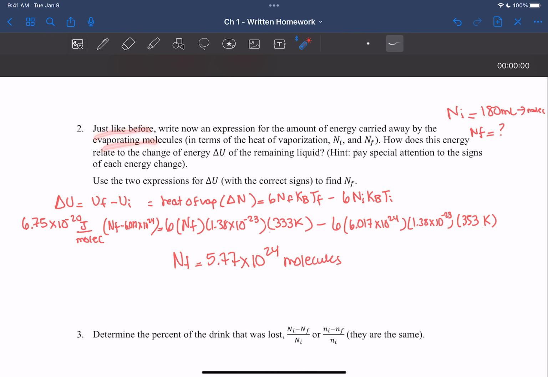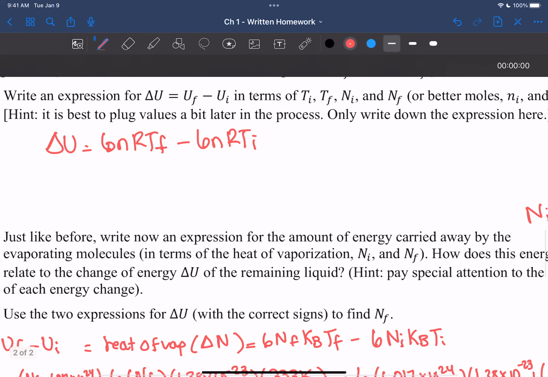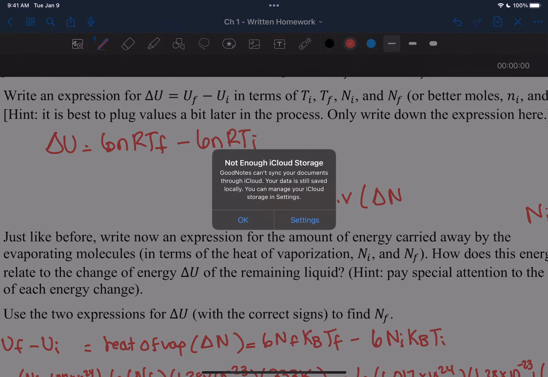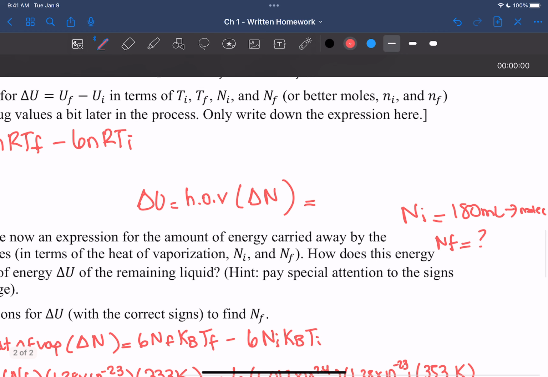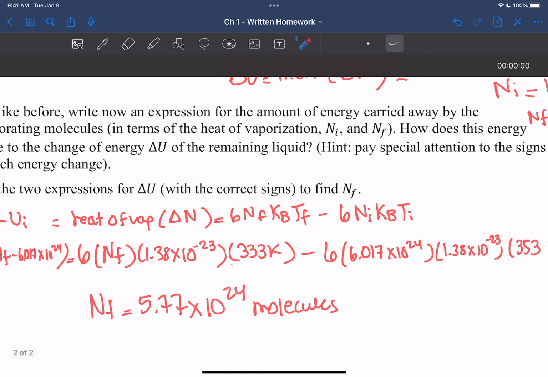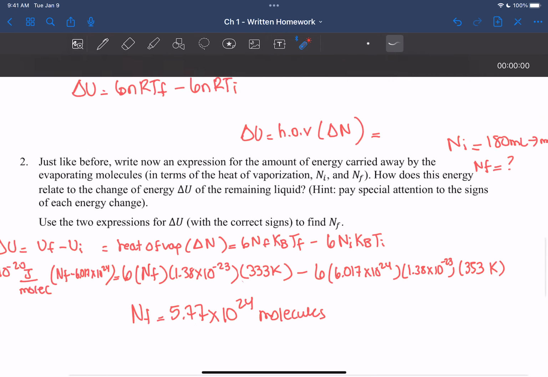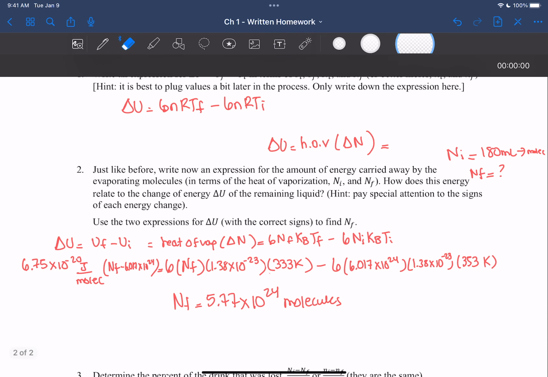That expression would literally just be that delta U is equal to heat of vaporization times delta N. That would be your first expression, and your second expression that you would set it equal to would be 6 NF kBTF minus 6 NI kBTI. Does that make sense? Those are the two expressions you'd use. It's kind of weird because I already consolidated it into one expression, but yeah.